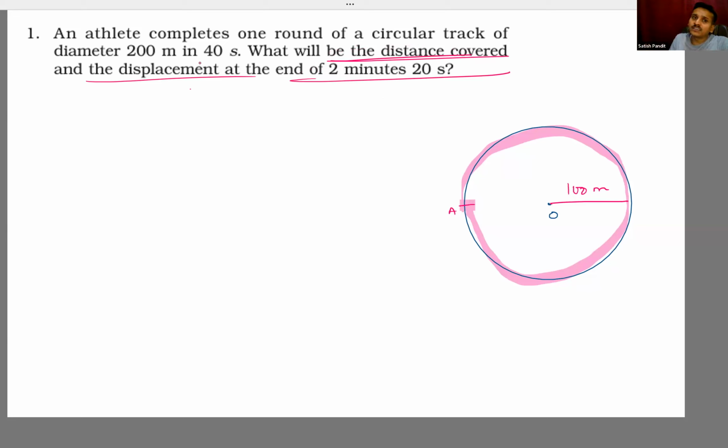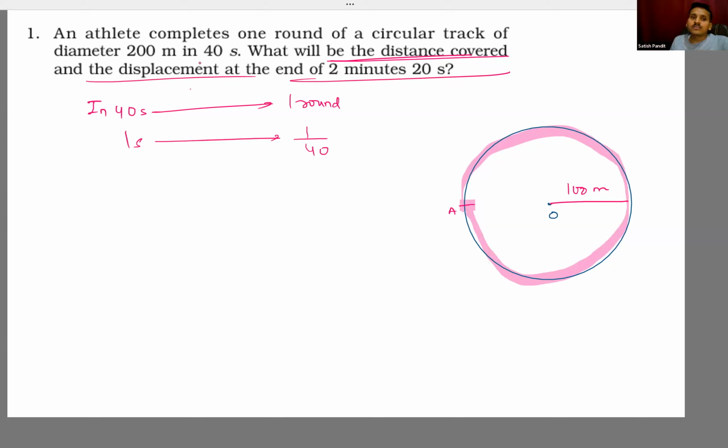Same way as we had done earlier. See, in 40 seconds, the athlete is completing one round. So in 1 second, the athlete will complete 1 by 40 of the round. 1 by 40 means somewhere here, very close to the start.